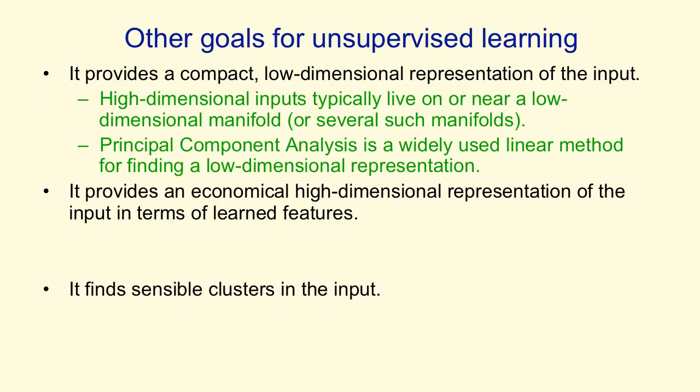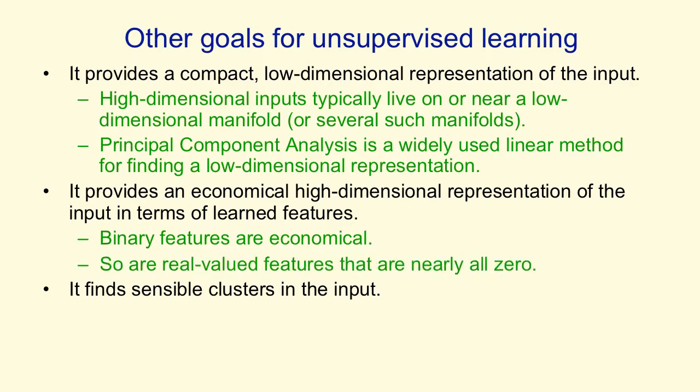Another goal for unsupervised learning is to provide an economical representation for the input in terms of learned features. If, for example, we can represent the input in terms of binary features, that's typically economical because it only takes one bit to say the state of a binary feature. Alternatively, we could use a large number of real-valued features, but insist that for each input, almost all of those features are exactly 0.